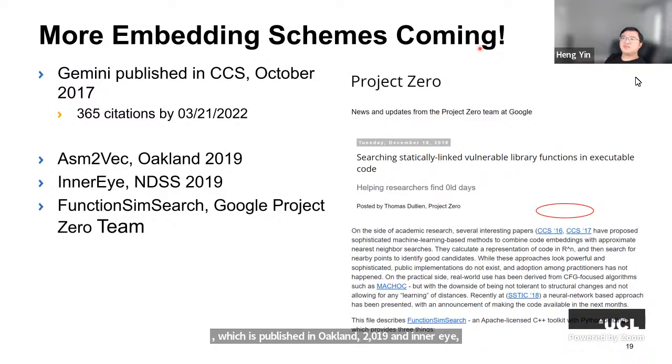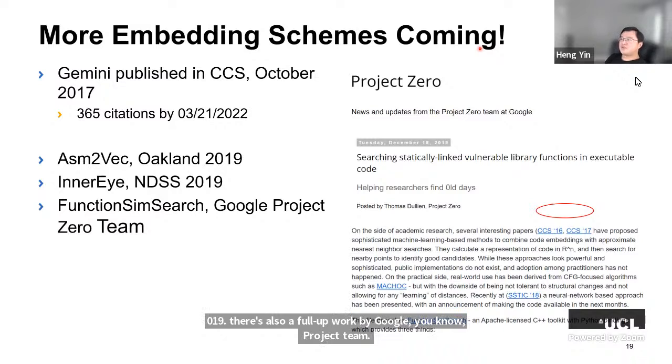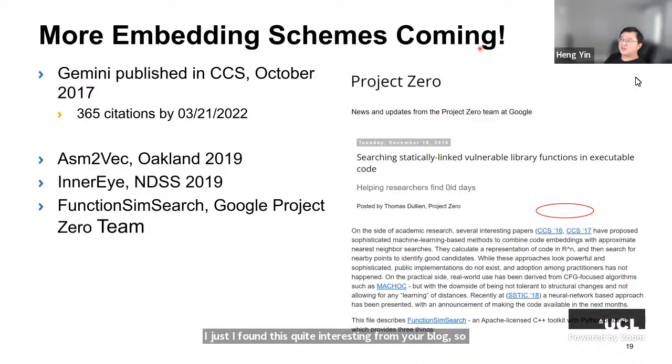There's also a follow-up work by Google's Project Zero team. I found this quite interesting from their blog, so I want to share it as a screenshot. This blog was published in December 2018. They wrote about searching statically linked vulnerable library functions in executable code.